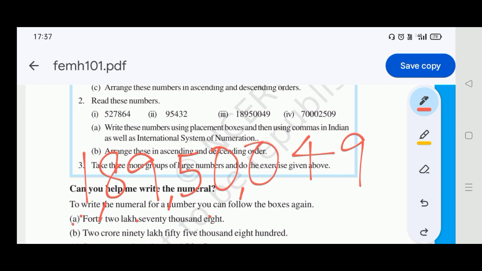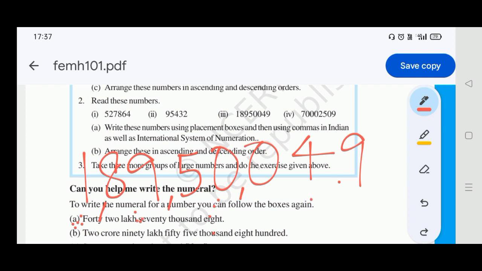So it is 1 crore 89 lakh 50,049. Sorry, I repeat again, 1 crore 89 lakh 50,049.